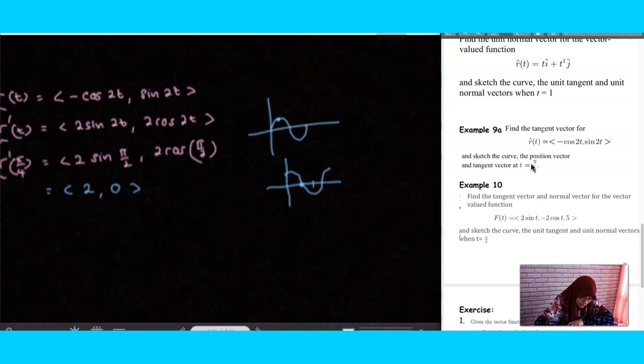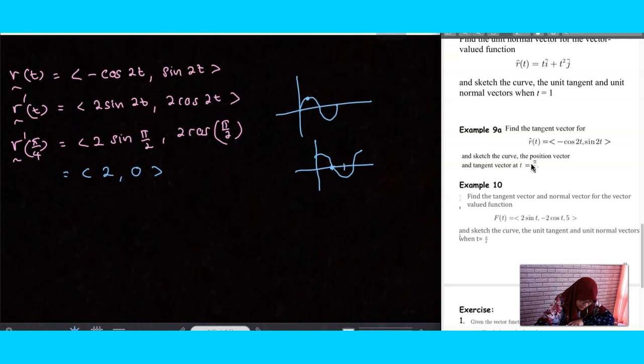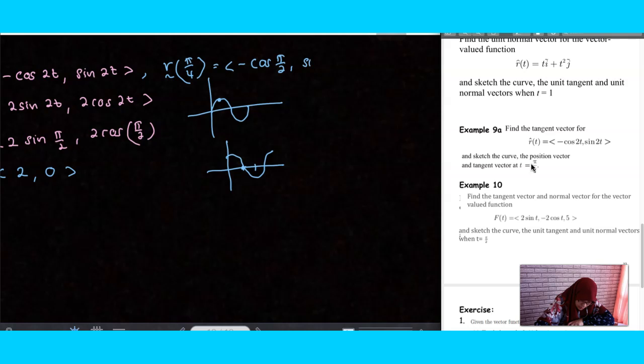And also because you need to sketch later on, you have to also have the position vector r at t equal to pi over 4. So negative cos pi over 2 and then sine pi over 2.